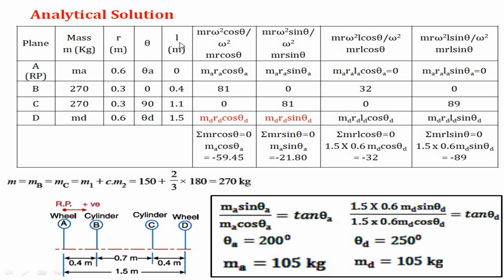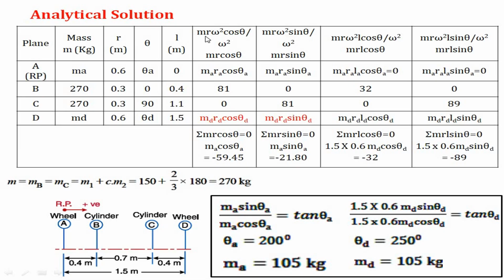Here the distance is L, which is measured from the reference plane. So from plane A to A the distance is 0. From A to B it is 0.4, A to C that is 1.1, and A to D that is 1.5. Now these next two columns represent the components of the centrifugal force created by the respective masses.